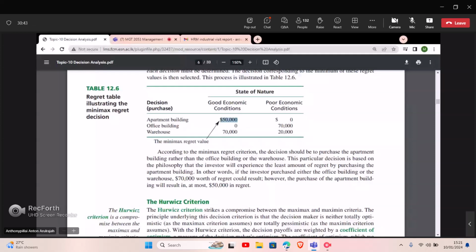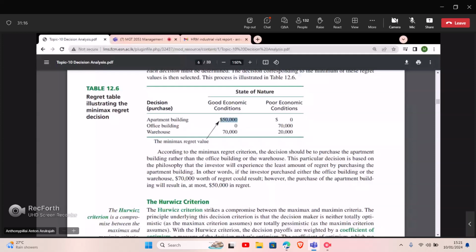In other words, the investors purchase either an office building or a warehouse, and they may lose 70,000 worth of regret. However, if they purchase the apartment building, they can only get 50,000.